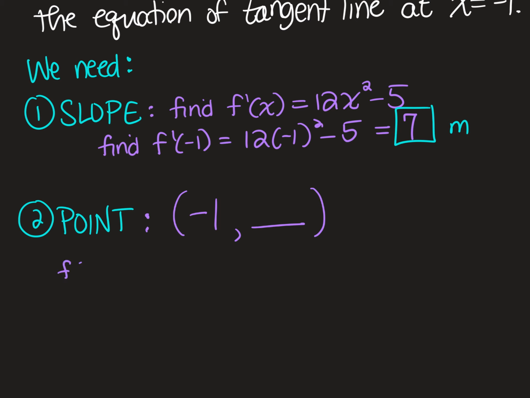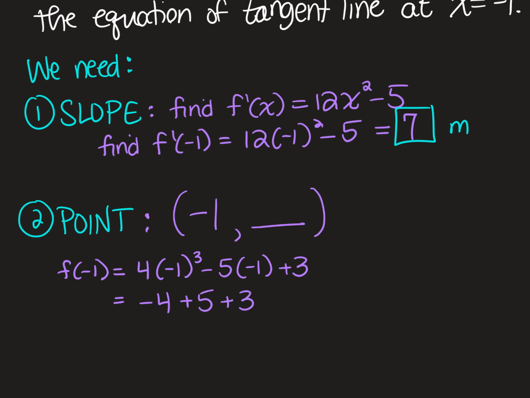So let's plug it into f of x. So f of -1 will be 4 times -1 cubed minus 5 times -1 and then plus 3. So that's 4 times -1 is -4 plus 5 plus 3.